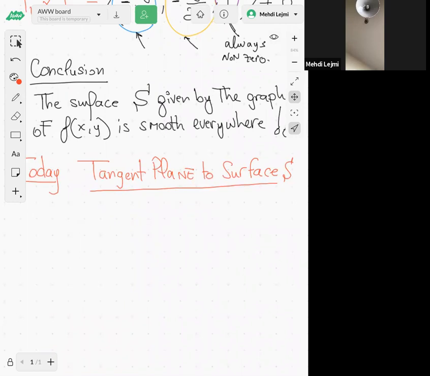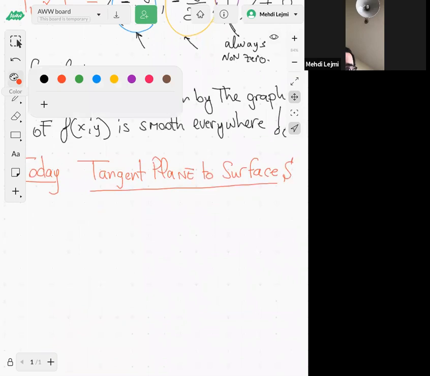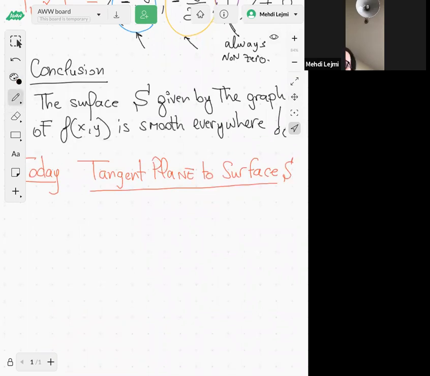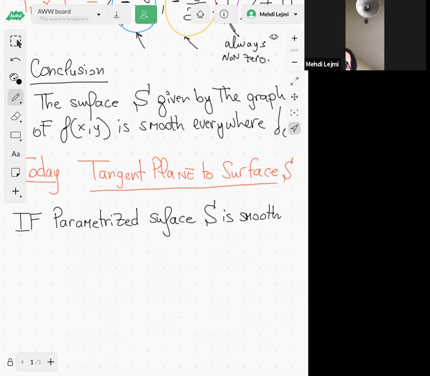If you have a parameterized surface S which is smooth, so you need the smoothness assumption, smooth at some point P, which is phi of, let's say, u0 v0, then the tangent plane at P is the plane spanned by the two tangent vectors T_u and T_v.